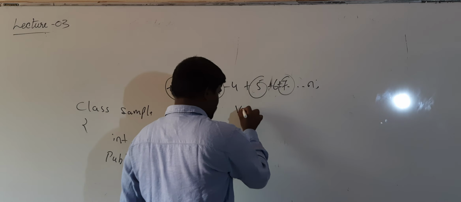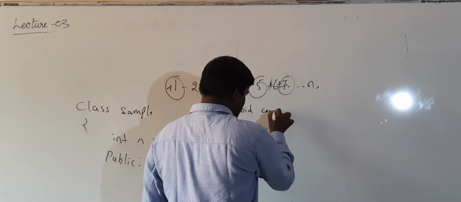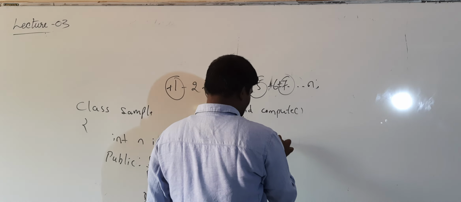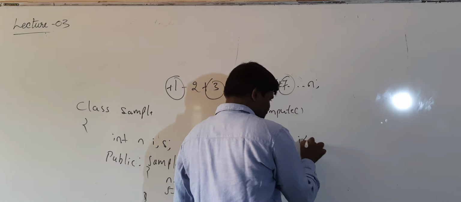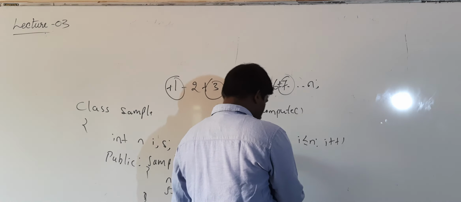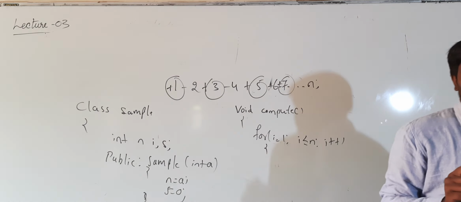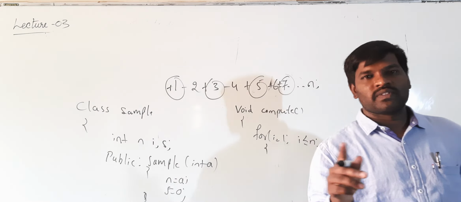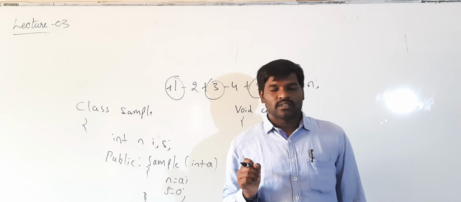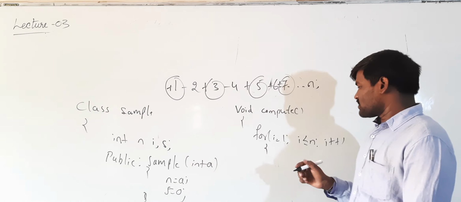Next, void compute: for i is equal to 1, i is less than or equal to n, i plus plus. Then how to find out even or odd? The number which is divisible by 2, with remainder 0, is called an even number.